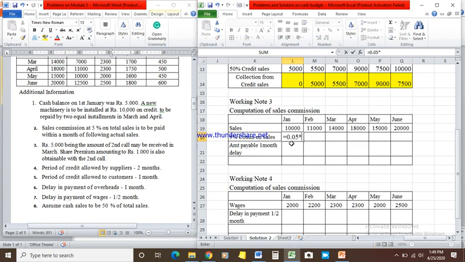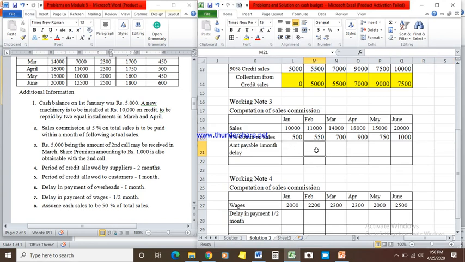5% if I calculate, it comes to 500 rupees. So accordingly, I'll calculate for all other months 5% of the sales. Now this payment will be made after 1 month following the sales.